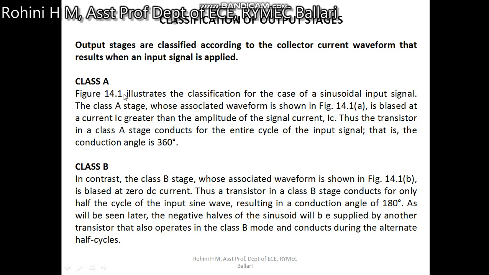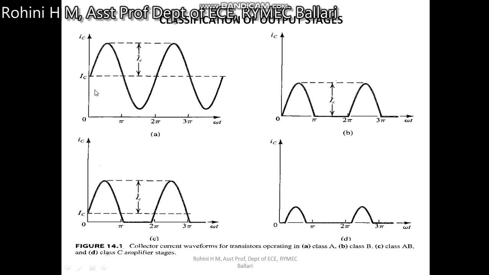So as the figure shows, the classification for the case of sinusoidal input signal: the class A stage whose associated waveform is shown in the diagram is biased at the collector current IC greater than the amplitude of the signal current IC. So here this collector current IC is the reference current IC.